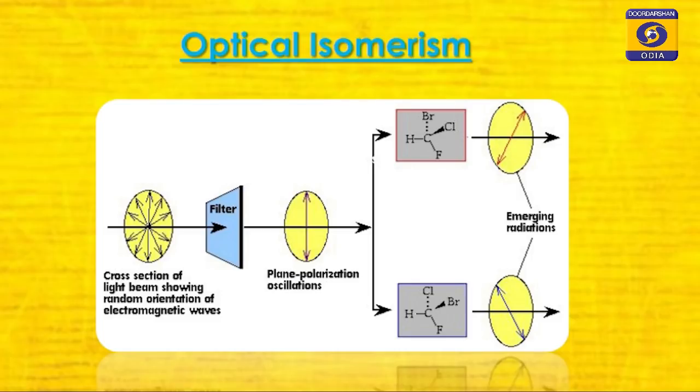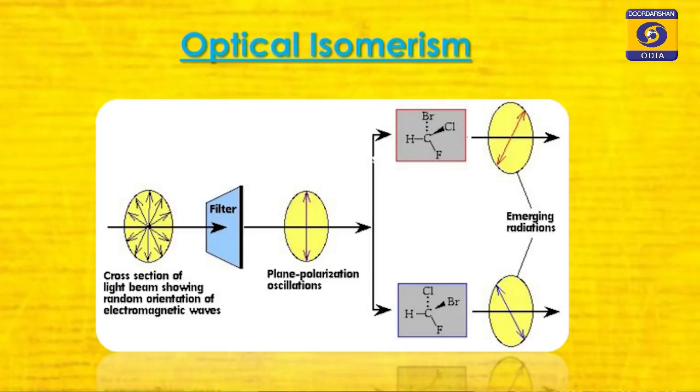This is our filter, which is a part of the polarimeter, and the unpolarized light comes in one plane. Whenever it passes through the organic compound, some types of organic compound rotate it in this direction, and some other organic compounds rotate it in the other direction. These two compounds are, very interestingly, optical isomers.